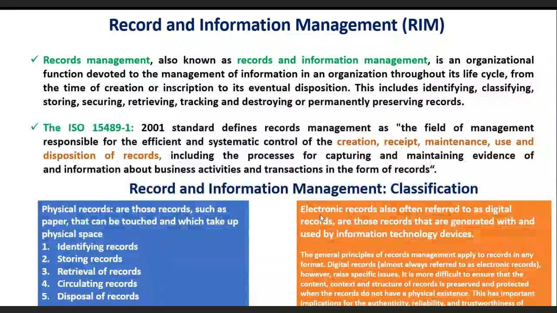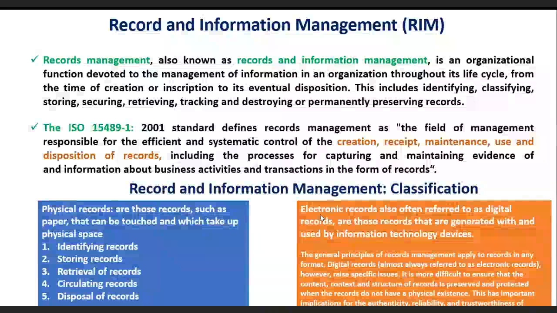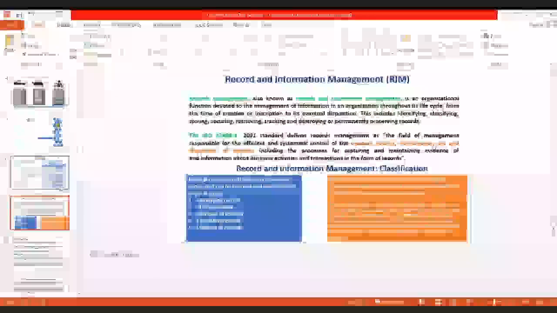So this is the standard definition. If you read this definition, you might be confused, but this is the standard definition, so I have written it here. But if you need to understand what clinical document management and record management are, you need to understand the last line.